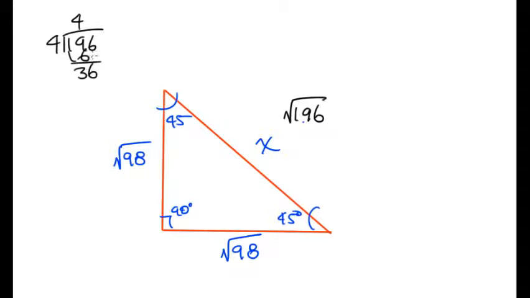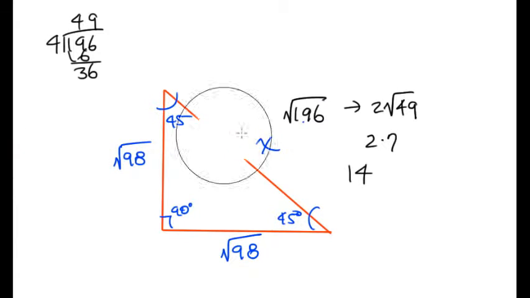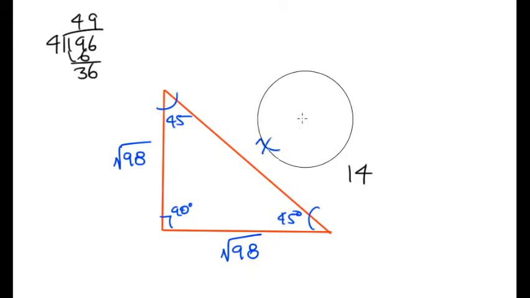We do get 2 rad 49. And then that just becomes 2 times 7, which is 14. So our x here is most likely going to be 14.